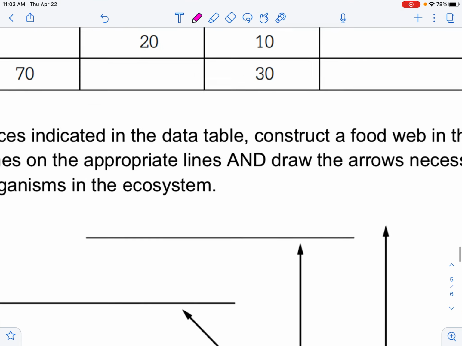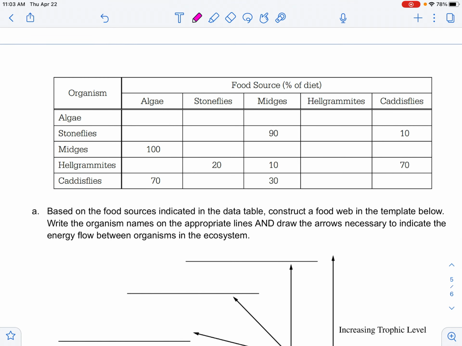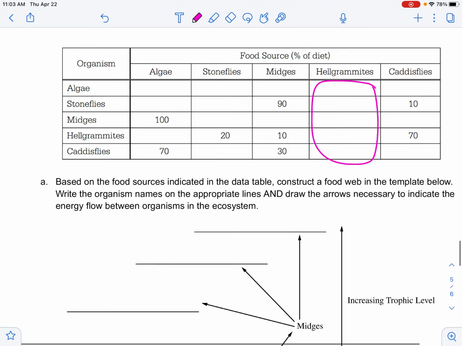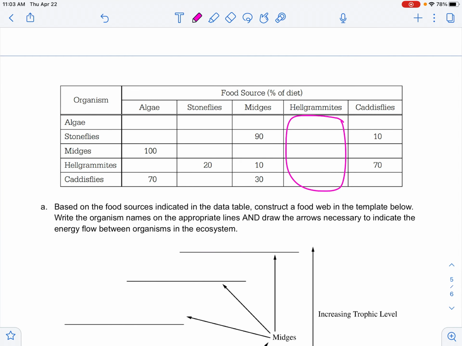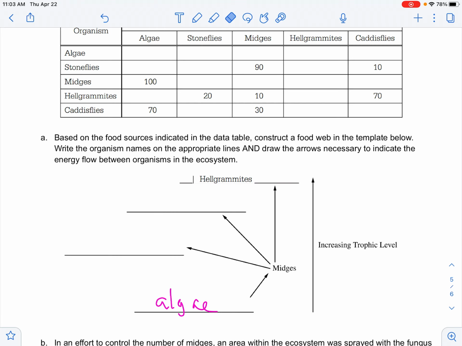Well, I'm going to say I'll fill out the apex predator because that one's kind of easy to figure out. Notice that nothing eats the hellgrammites. That's not a food source for anything. So the hellgrammites are the apex predator, and then you're like, okay, what is going to be just above the algae?